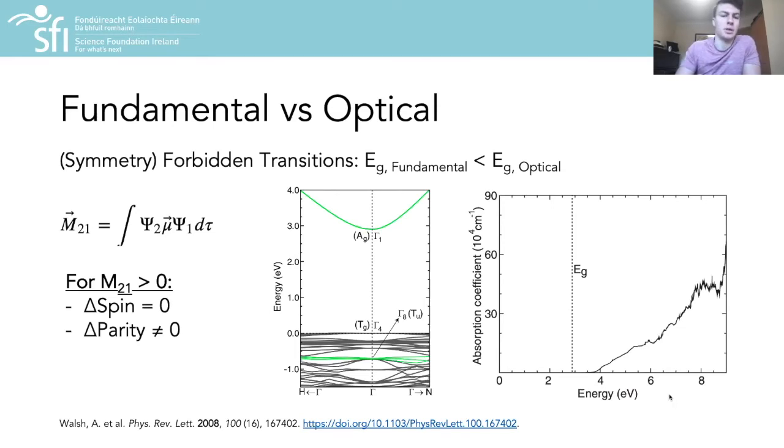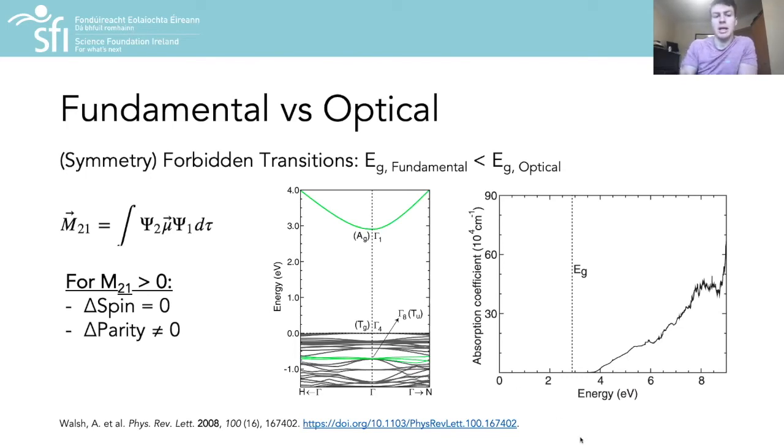And so if you look at this on an absorption spectrum plot, you'll get very low or kind of negligible absorption at these energies just above the band gap, until at this higher energy here, you suddenly can transition between a state of ungerada symmetry to gerada, so odd to even, and then you'll get your onset of absorption at this energy.